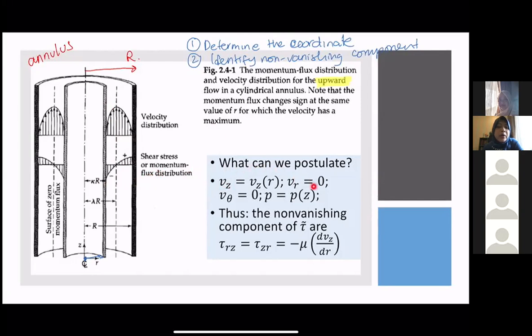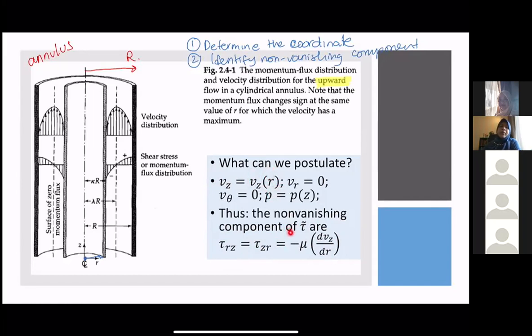We don't have v_r, and we don't have v_theta. And because it is inside the cylindrical wall, a closed system, we have the pressure difference. So the non-vanishing component would be tau_rz, or tau_zr, which is the same. It's actually mu dv_z over dr. You find the non-vanishing component is this one because we have v_z, and it is a function of r.